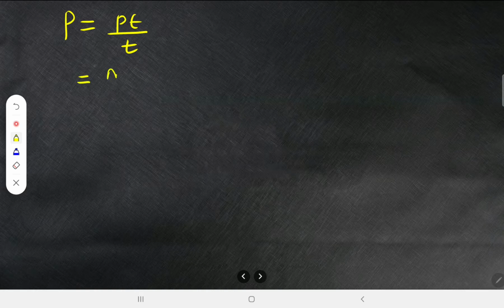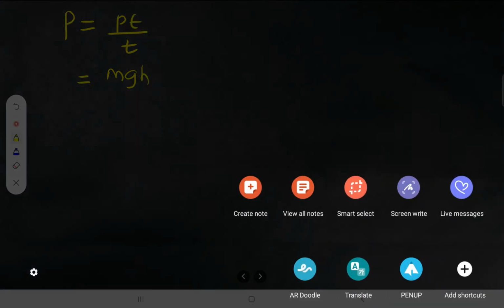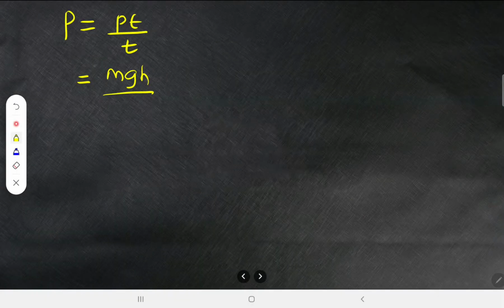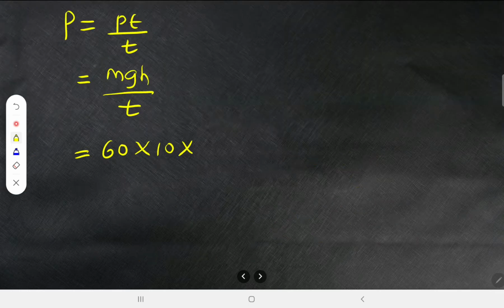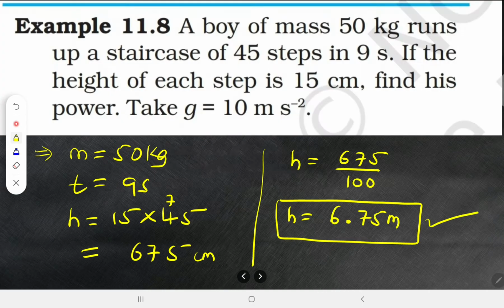So what is the formula for potential energy? mgh divided by time taken. So what is the mass of the boy? 50 into g is 10 into how much height he has climbed. He has climbed a height of 6.75 meter, divided by how much time he has taken. He has taken 9 seconds.